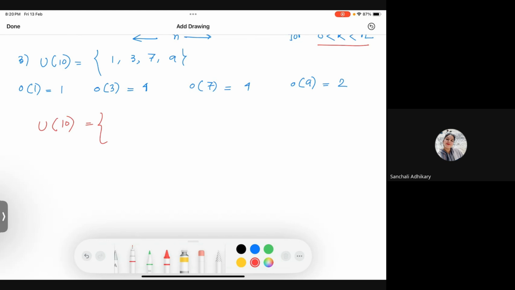It means x belongs to the natural numbers such that GCD of x comma 10 is equal to 1, and x is greater than or equal to 1 and less than or equal to 10.